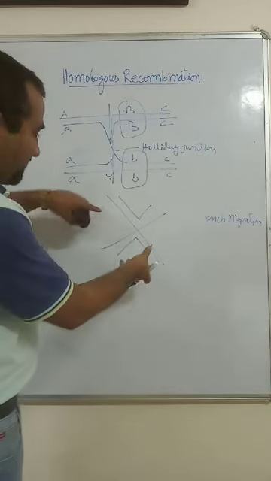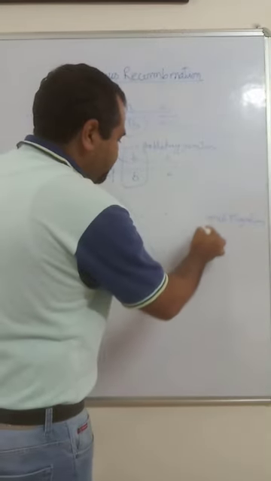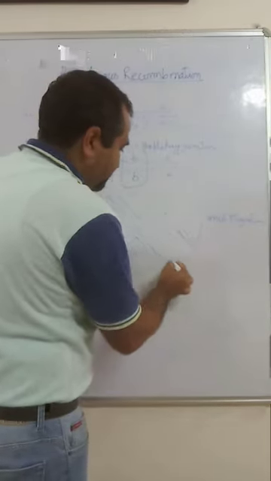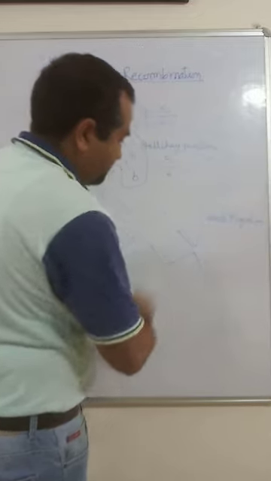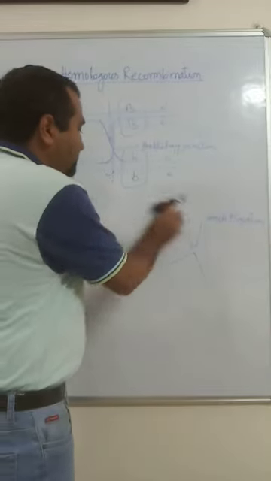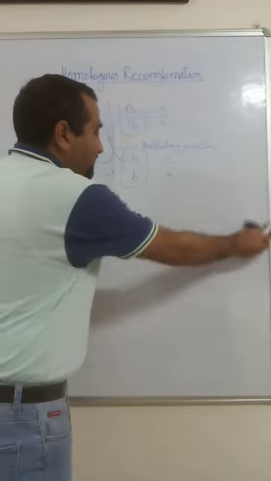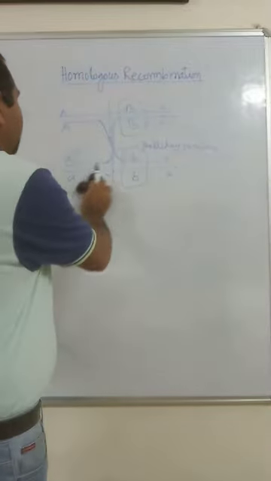And another condition may be if this gets twisted. So whatever the cases may be, this is called isomerization, that is, in what way the chromosomes get separated.